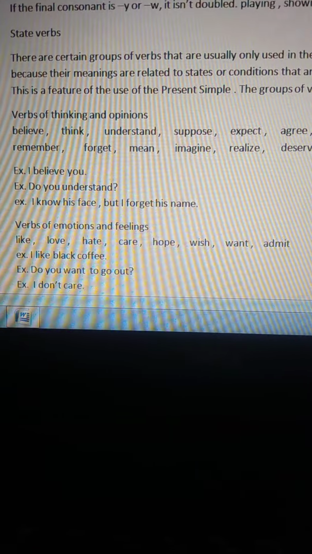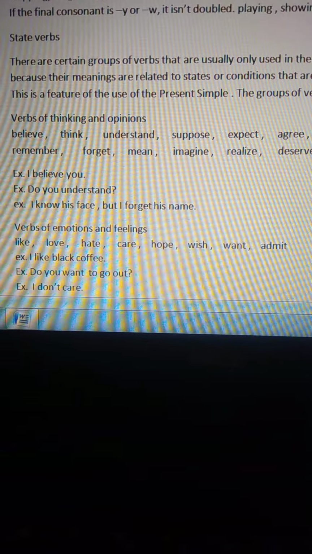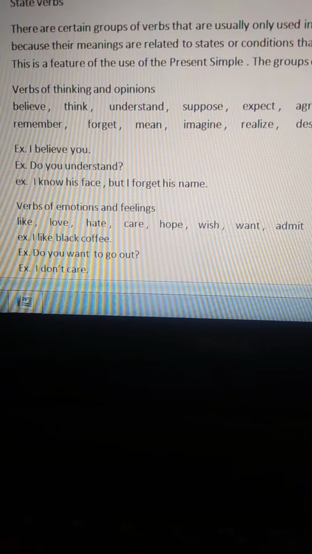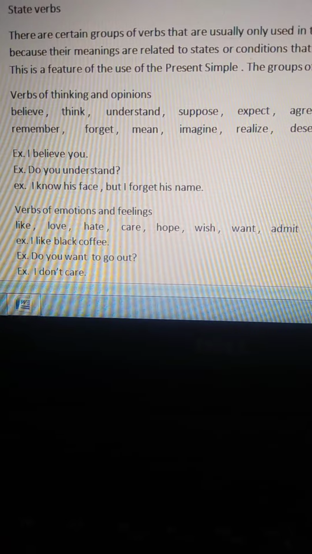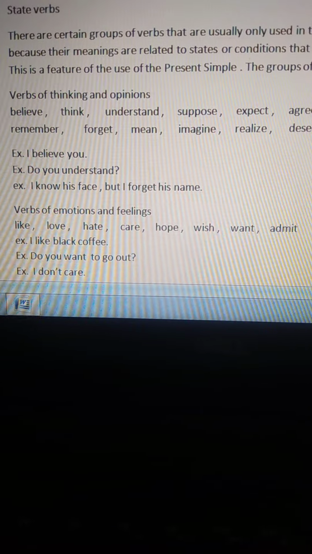Number one, verbs of thinking and opinions.